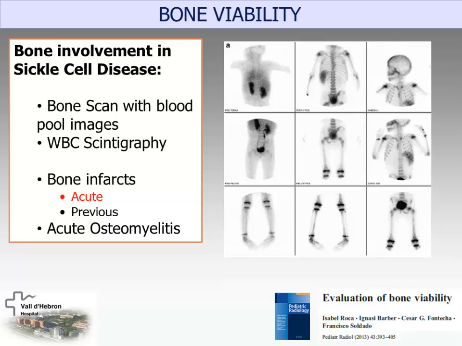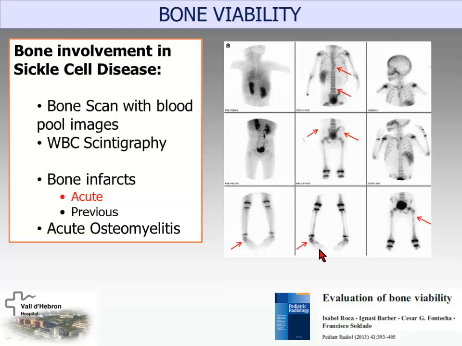Very asymmetric, with big cold areas, probably due to acute infarcts. Okay. And what about the legs? Femurs? Femurs are very heterogeneous, yes? And the feet? You have an increased uptake in this calcaneum.